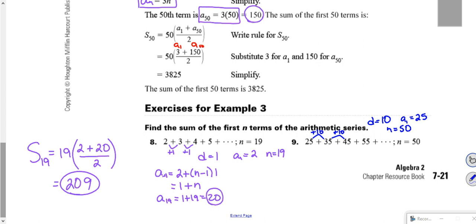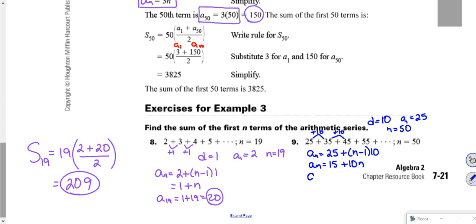Now, first I need to find the rule. Well, the rule, A sub n, is going to be 25 plus n minus 1 times 10. Well, that's 10n minus 10. So this is 15 plus 10n. That's my rule.